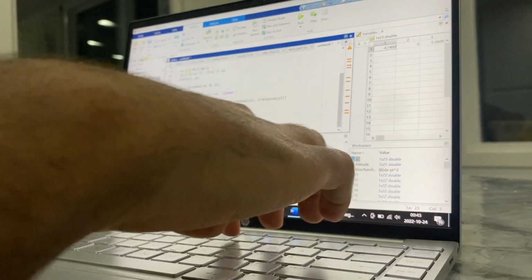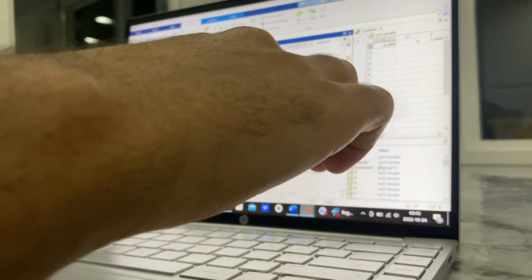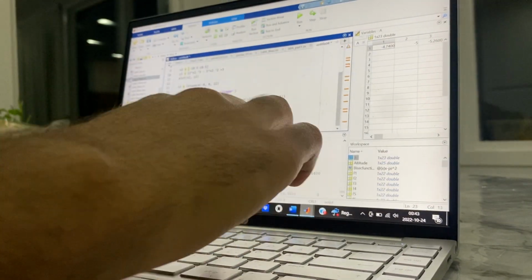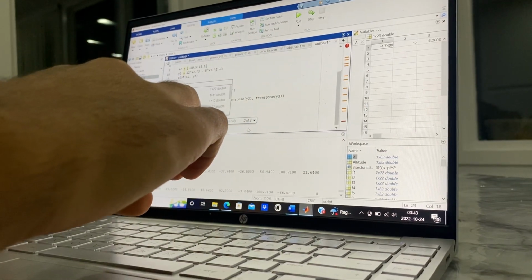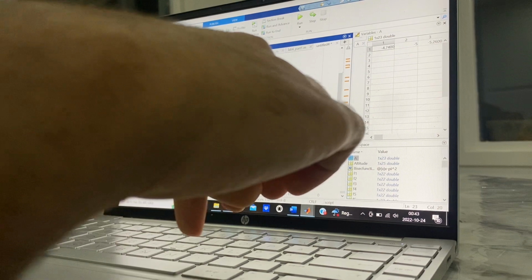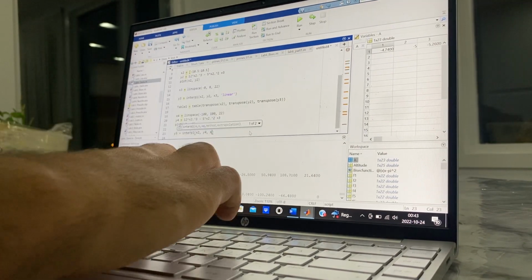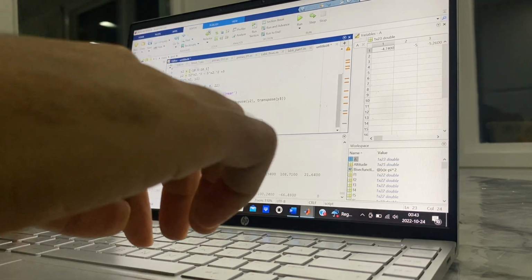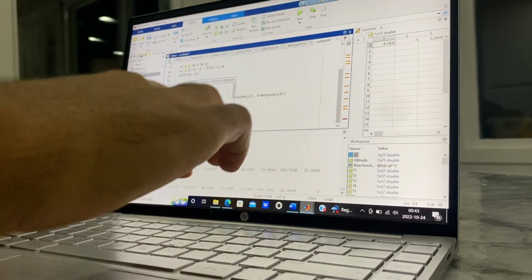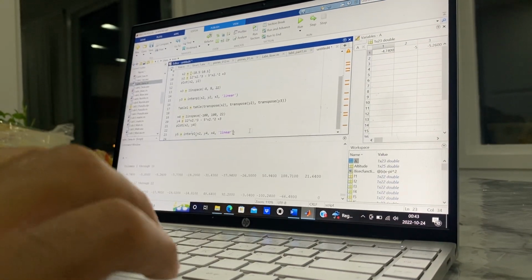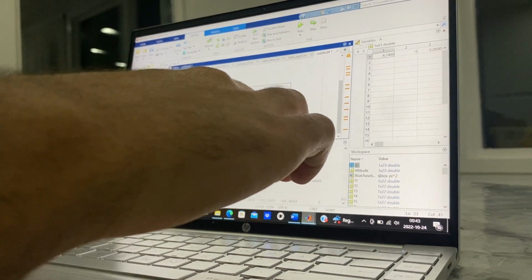I'll call it for y5 equals interp1 x2, y4, x4, and I'll have the linear again, and now I will have the extrapolation mode as well.